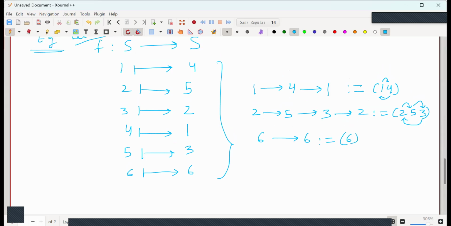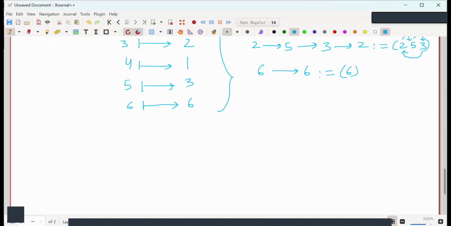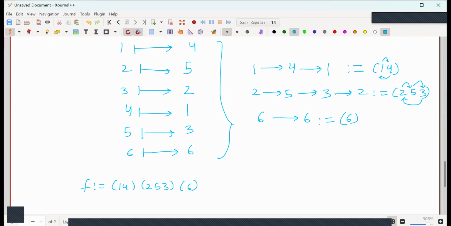Okay. So F can be denoted by this cycle symbol like (1 4)(2 5 3)(6). Right? So this notation you understand. 1 is mapping to 4, 4 is mapping to 1, 2 maps to 5, 5 maps to 3, and 3 is coming back to 2, and then 6 is mapping to itself.